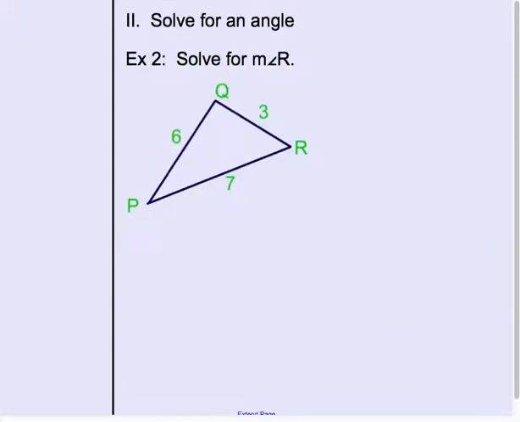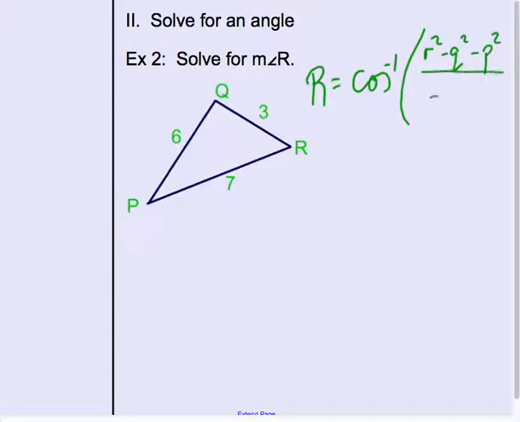To solve for an angle, again, if you have that second formula memorized, so in this case, r would be the cosine inverse of little r squared minus q squared minus p squared all over negative 2qp.